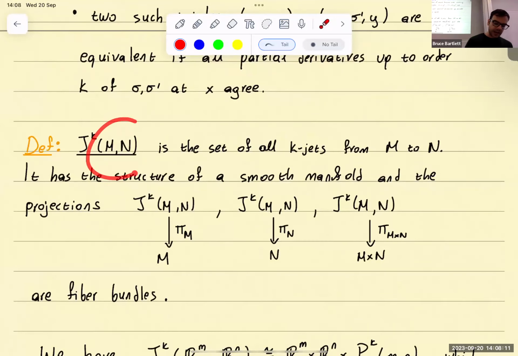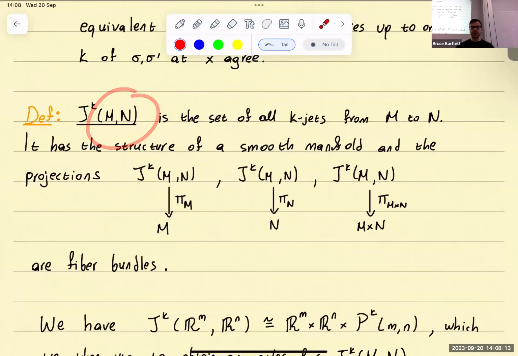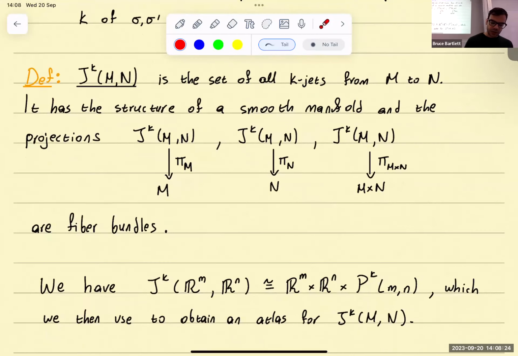And we defined last time these k-jet sets J^k(M, N) to be the set of all k-jets. It has the structure of a smooth manifold, and we have three different projections that we can write. It's the projection to the M factor, the projection to the N factor, or to the M cross N factor, which comes from the fact that points here are equivalence classes of triples, where the first part is a point in M, and the last part is a point in N.